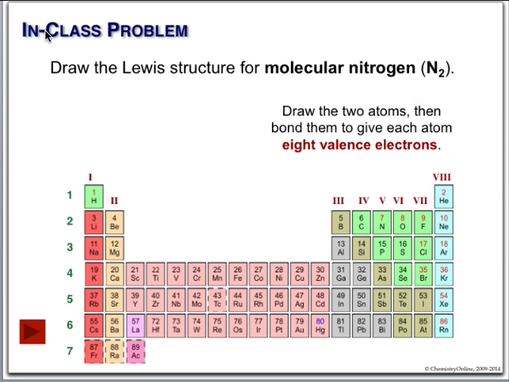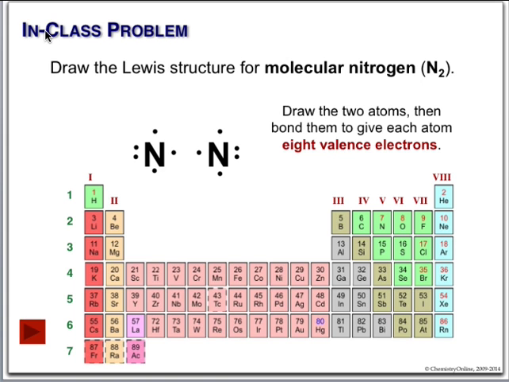Step 1, find our atoms here. It's in group 5. And this is the electron mess we have to work with. Now, what we have to do is to pair these electrons up, rearrange them, so that we can make 8 valence electrons around each nitrogen.